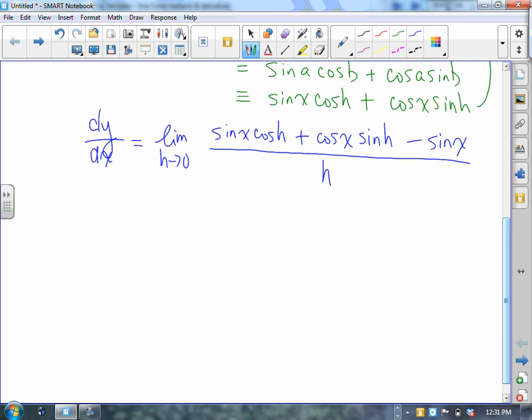Now that we're at this point, we need to somehow group the terms so that we can work with removing any discontinuities.